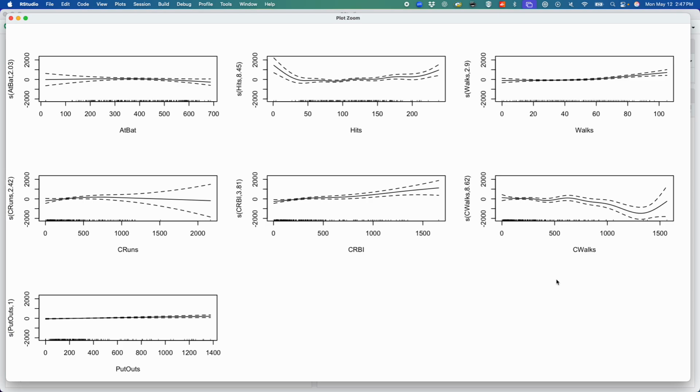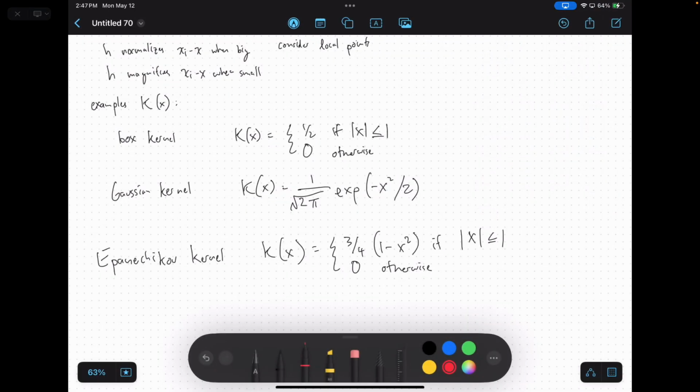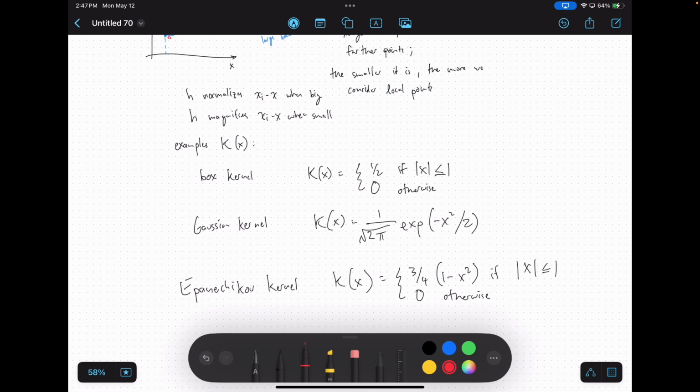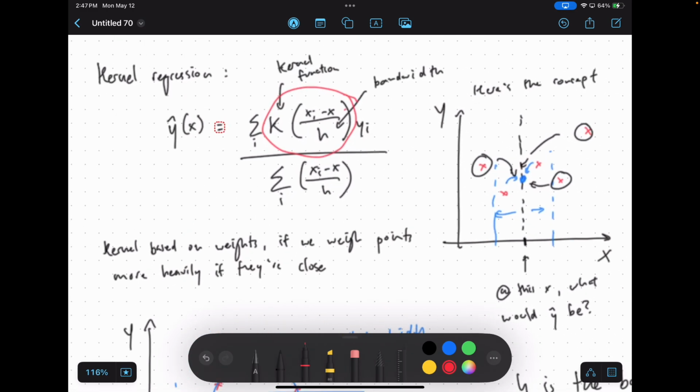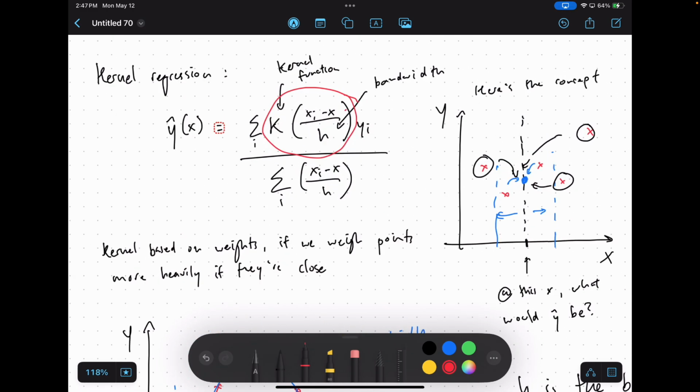So the xi minus x over h is what ends up in your x term here, but it's a little bit hard to visualize because you're also dividing by this whole piece.